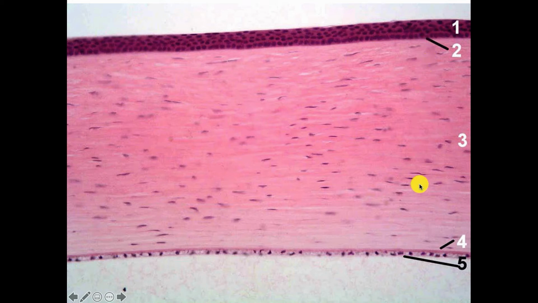Number 3, it is the substantia propria. It is formed of collagen fibrils also with keratinocytes in between. Collagen fibrils with keratinocytes in between, and they are called keratocytes. They are embedded in matrix or ground substance rich in lumican.